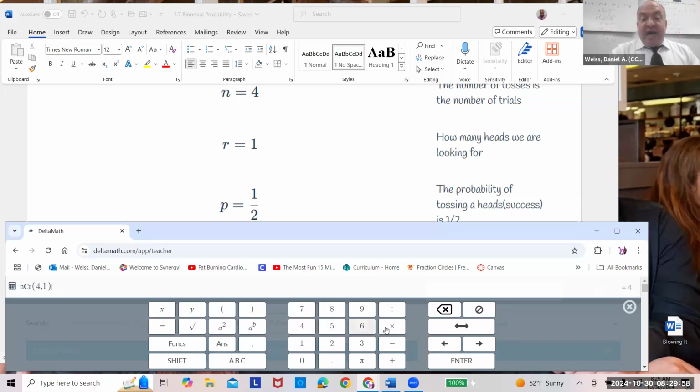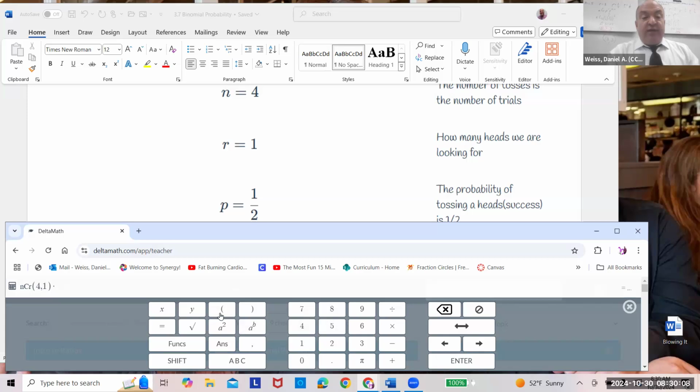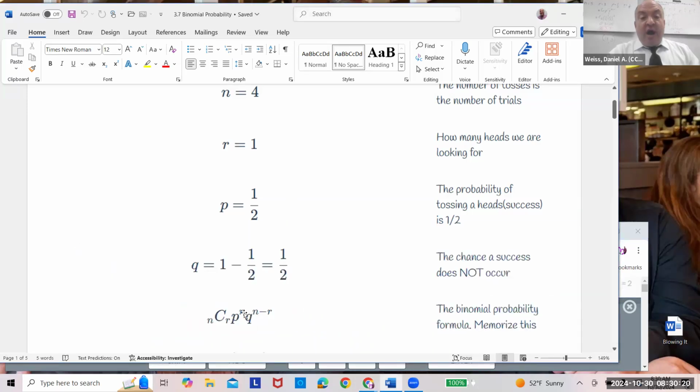Now I'm going to do times. Next is P. P is 1/2. I'm going to use parentheses. 1 divided by 2. Close the parentheses. And then it's to the R power.